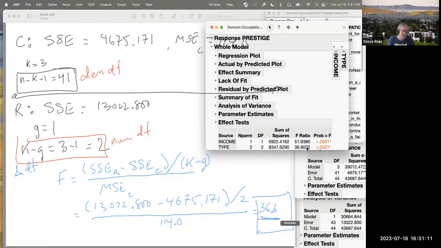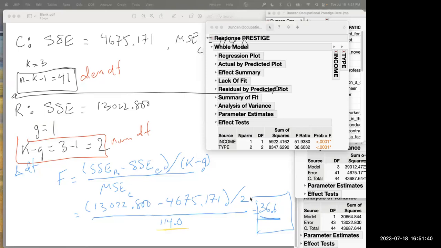I guess there's maybe a little bit of rounding going on when the software reports MSE of 114, but that should be about 36 or so. We can get a p-value from that using our friend, the p-value calculator. And did any of you get that 36.6-ish?